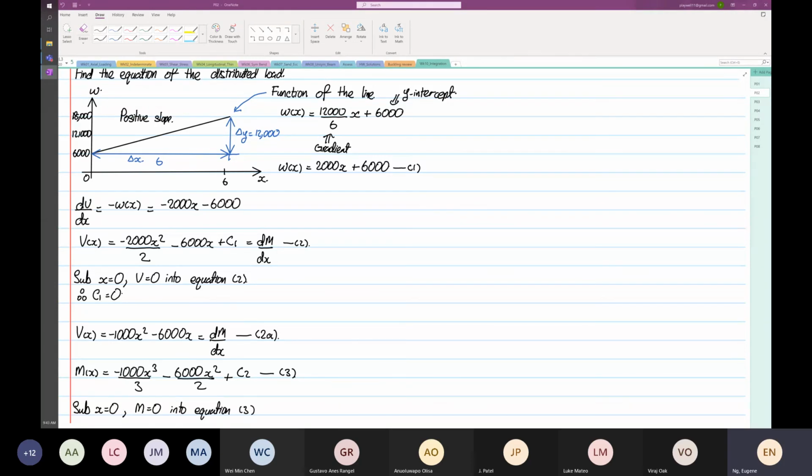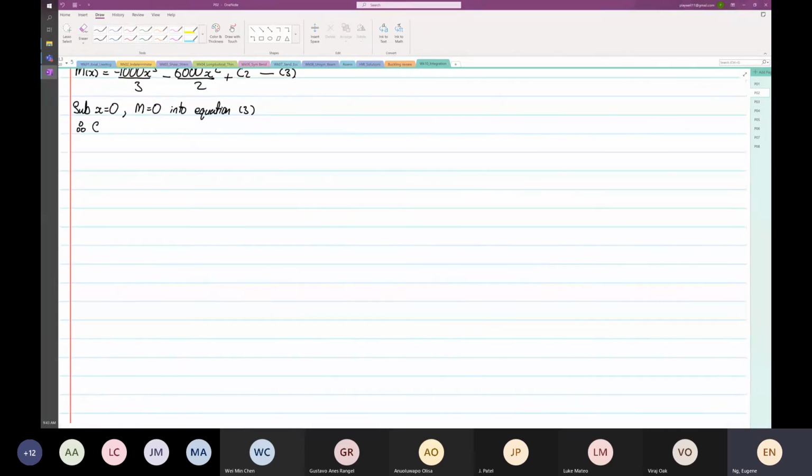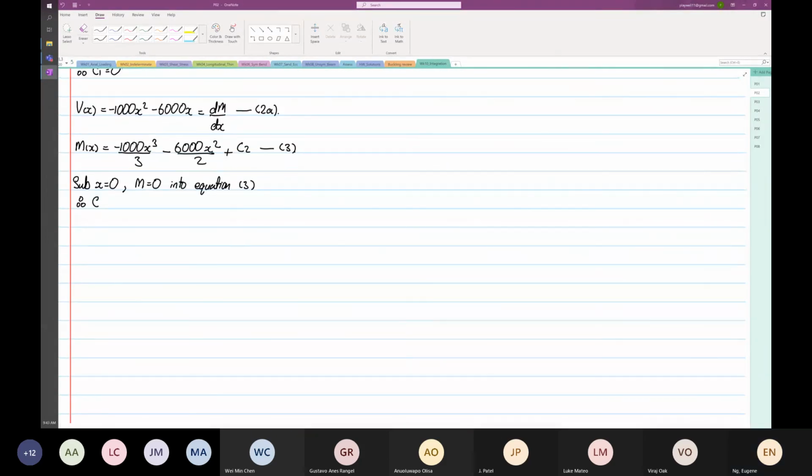Right? So therefore, we just found out that C2, oops, sorry, you guys cannot see now, my bad. I'll bring this further up so you can see. C2 is equal to 0.